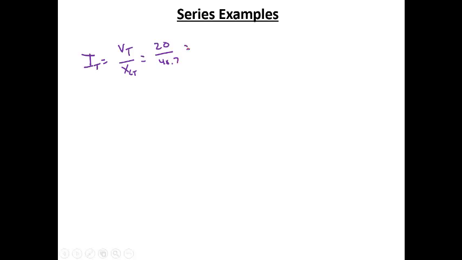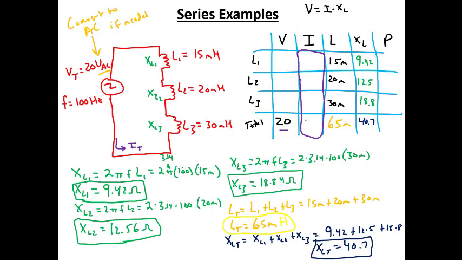If we do that, I get that my total current is equal to 491 milliamps. So let's put that in here. 491 milli. So the current is constant in this one, so they're all going to be 491 milli, excuse me. All right.